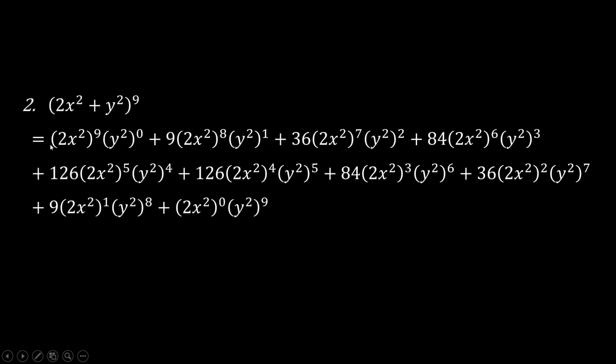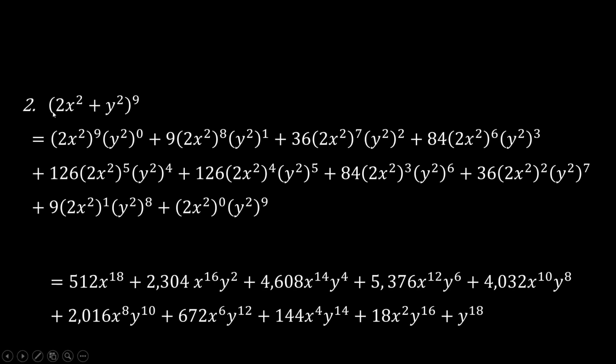So we can count these terms: 1, 2, 3, 4, 5, 6, 7, 8, 9, and 10. So we can assure that these terms, or our answer, is correct. So the final answer for this polynomial is this one.